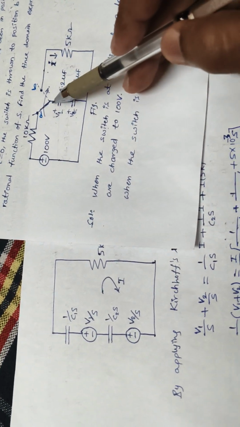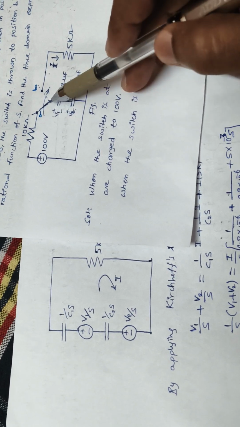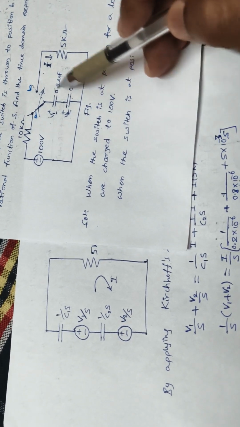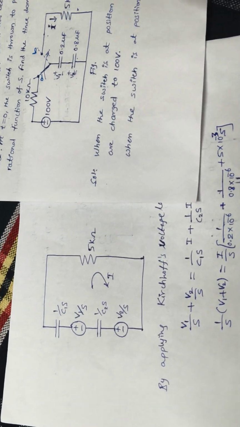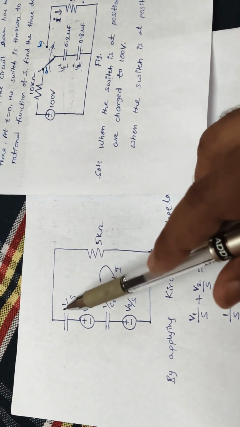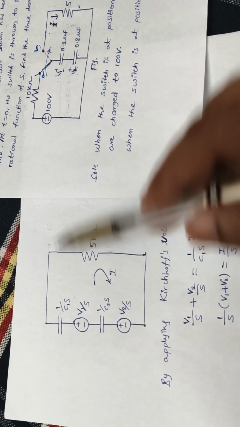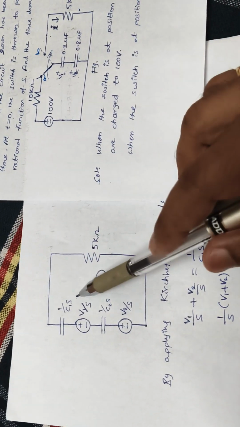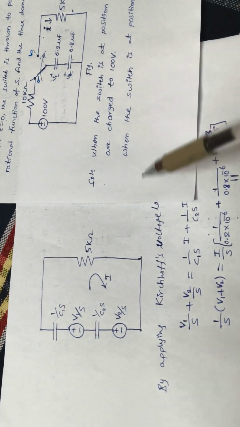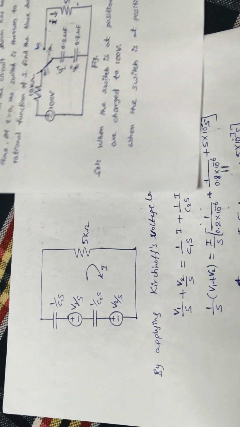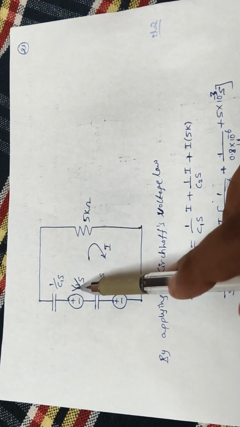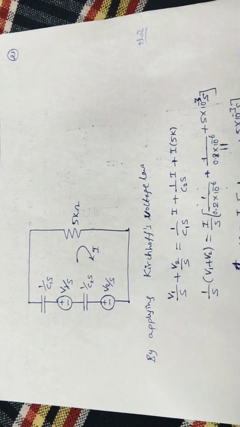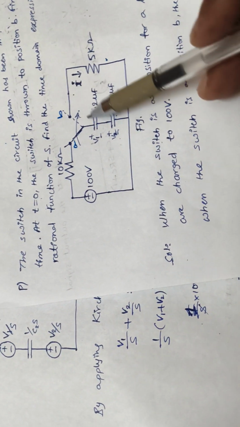So if you see here, the same circuit, if the switch is moving from position A to position B, you have two capacitances in series with the 5 kilo ohms, right? The series representation of capacitance is 1 by C1s for the first capacitance, and in series with that capacitance you will have one independent voltage source of initial voltage V1 by s, because initially the capacitance is charged with V1.